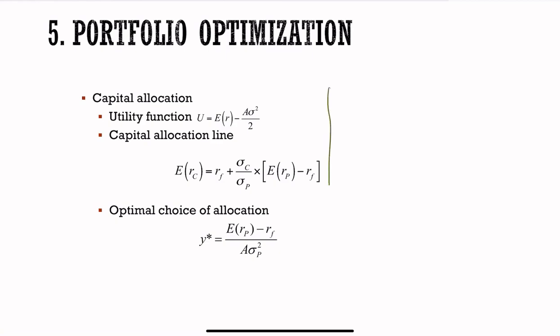You will look at this capital allocation line, that is, the line connecting the risk-free rate and the risky portfolio. And then you ask, what is the optimal allocation? Should I invest 20% in P or 30% in P? By introducing a utility function, you can find the optimal choice of allocation is given by this formula.